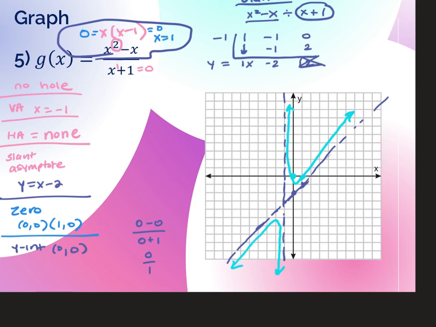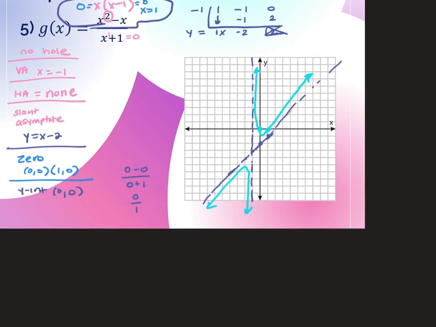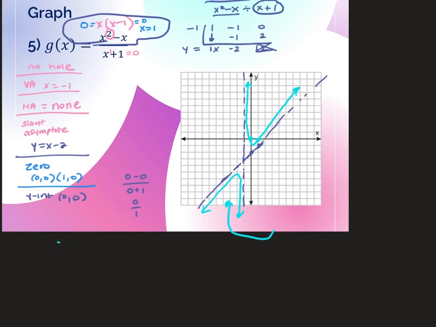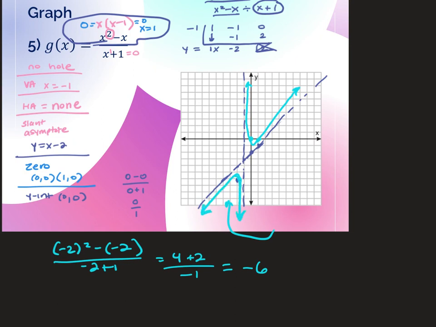But to be sure, I just want to stress that you plug in a point that is left of your vertical asymptote. So if I plugged in -2, for example, I'd get -6. So -2, then 1, 2, 3, 4, 5, 6 would be down there. And then that is where my other curve would pass through.